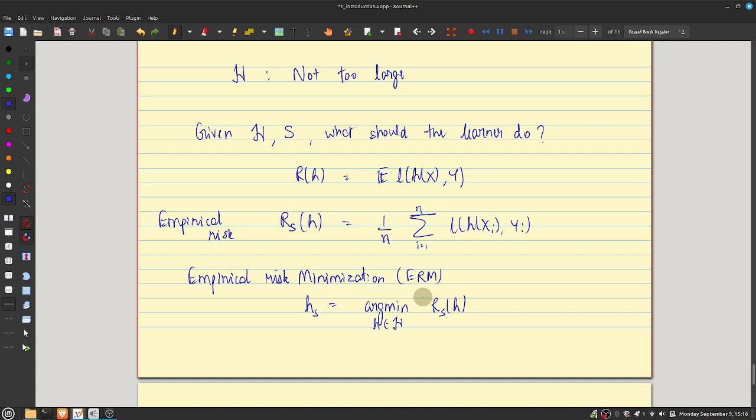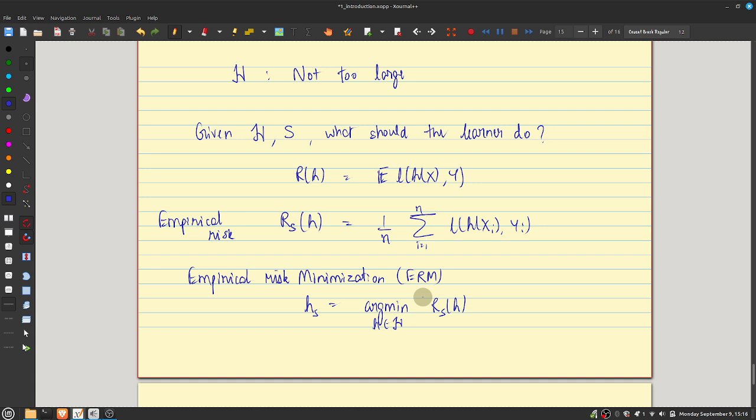Again, note that this is one particular learning algorithm. There are other variants of this. So right now what we've assumed is that you fix a particular H.